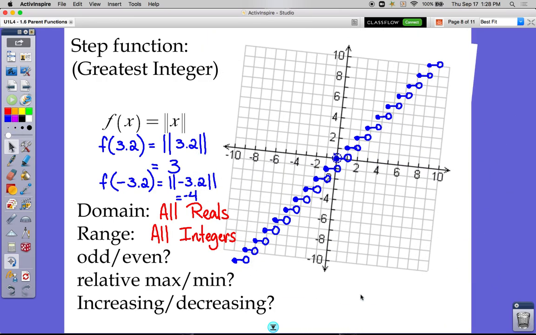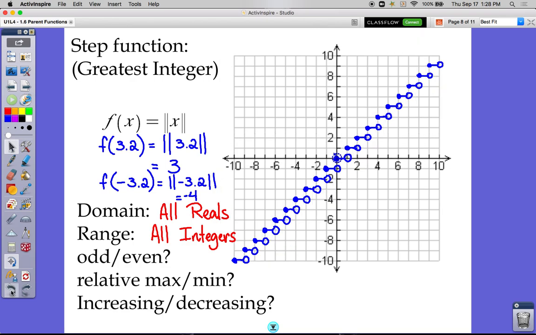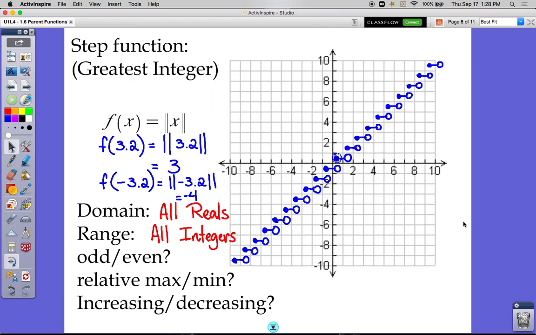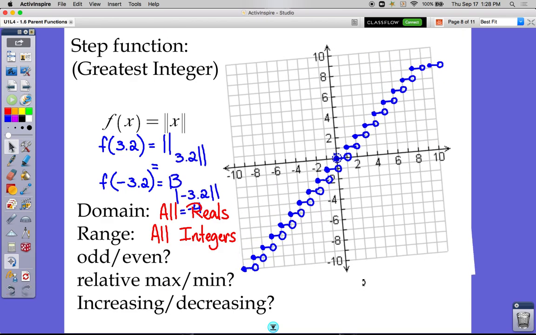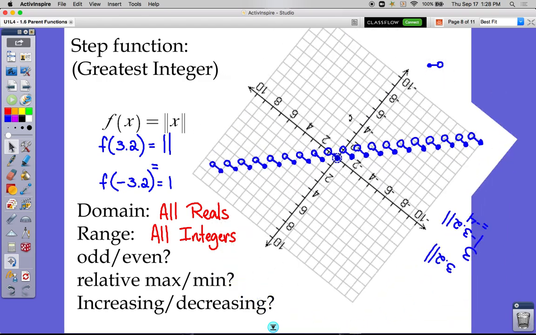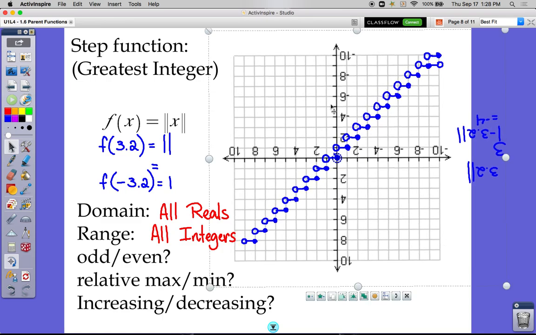Nope, didn't take the steps. Oh, come on, stop moving the graph. There we go. It left one step behind. Always one step behind. So just ignore that for a second.